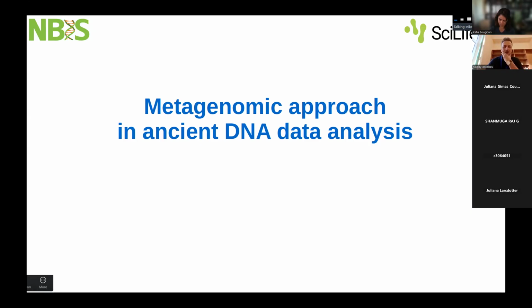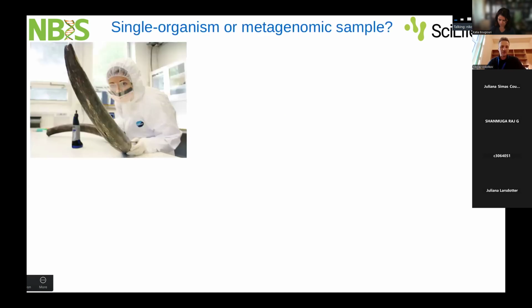But let's see whether you like it. So I'm going to explain what I mean by this metagenomic approach. I'm basically suggesting to see any sample as a metagenomic sample, unless you are sure that there is maybe a single organism present there, and unless you have evidence that it's a single genome sample. But let's take it slowly, step by step, and I hope you'll find it interesting.